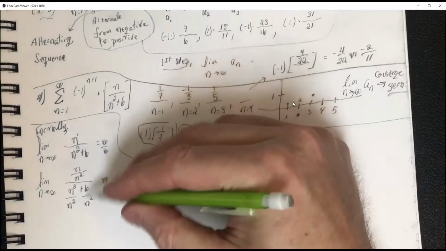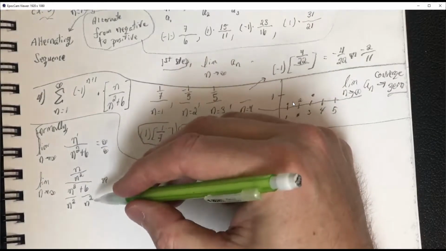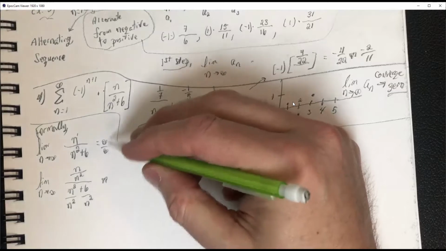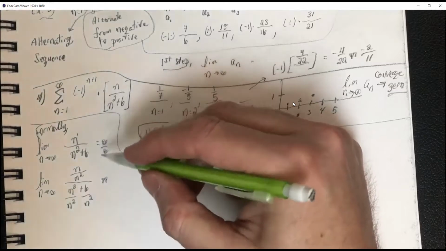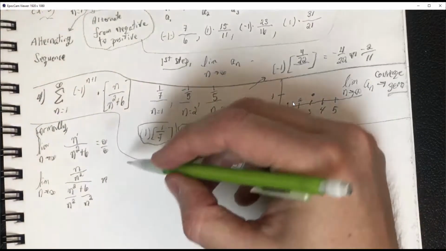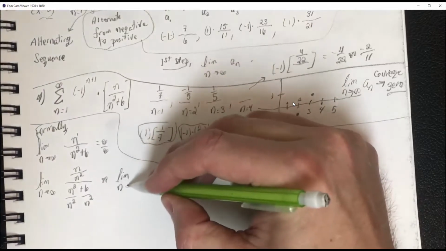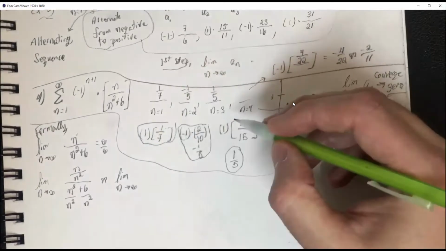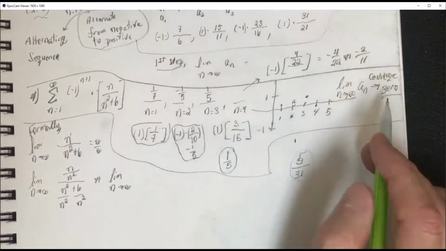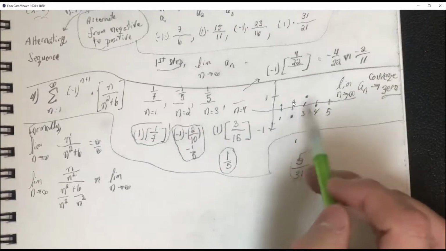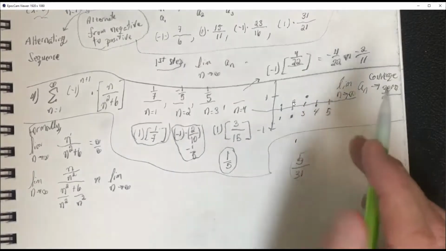We'll have to do this kind of logic. So what are we doing right now? Formally showing that these terms, even though they're alternating, are going to get closer and closer to 0.